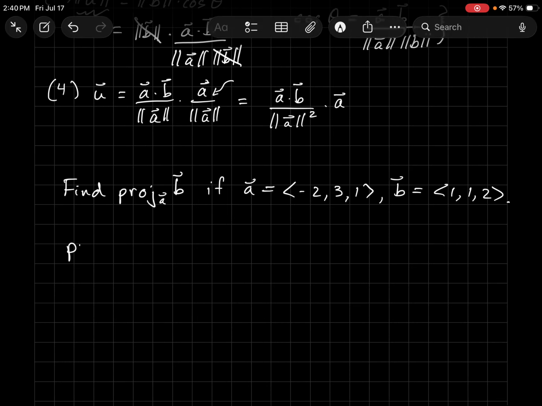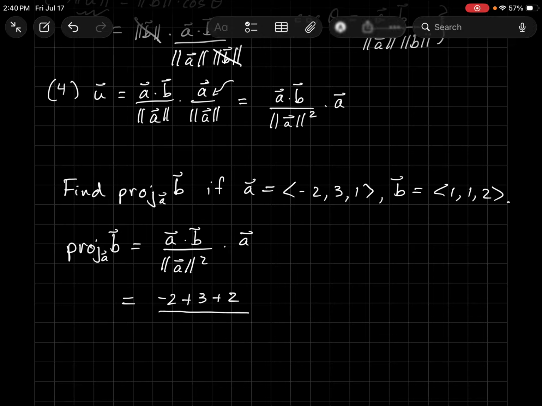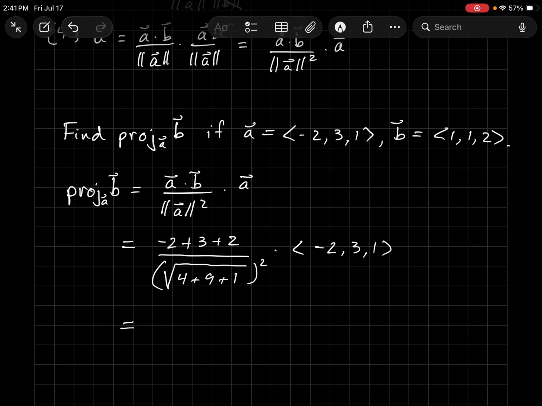Well, I know that the projection of B onto A is going to be A dot B over the magnitude of A squared times the vector A. So A dot B is going to be -2 times 1 plus 3 times 1 plus 1 times 2, all over the magnitude of A, which is -2 squared plus 3 squared plus 1 squared, and then all squared, times the vector A. And simplifying all this, we get the projection of B onto A is 3 over 14 times the vector A, -2, 3, 1.